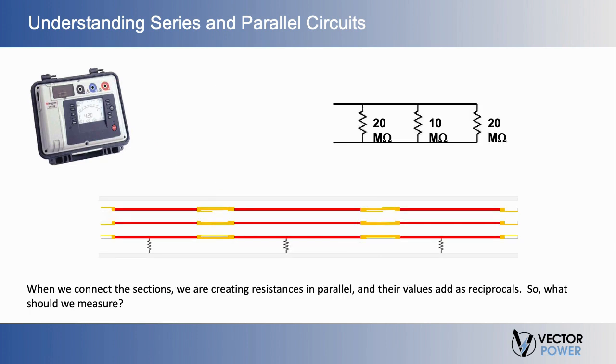Next, we will connect the bus sections together. When we connect the sections, we create parallel resistances, and their values are added as reciprocals. So, in this example, what should we measure?